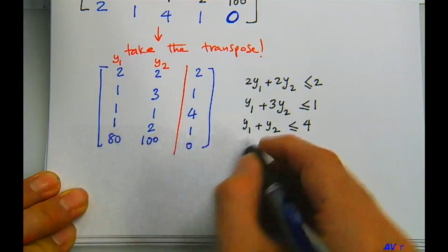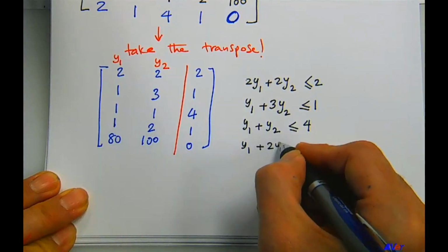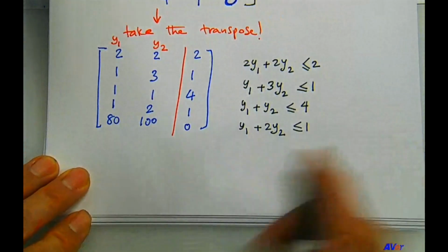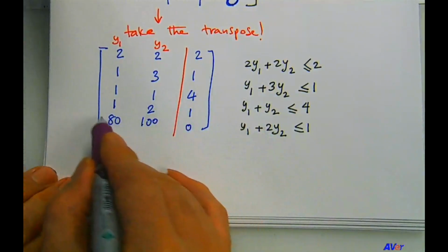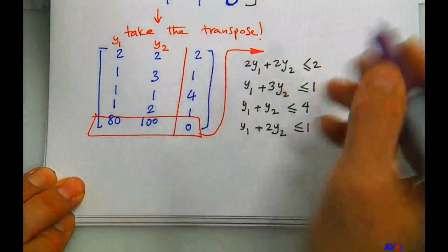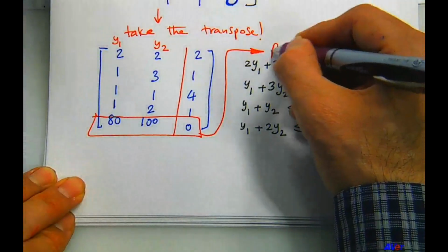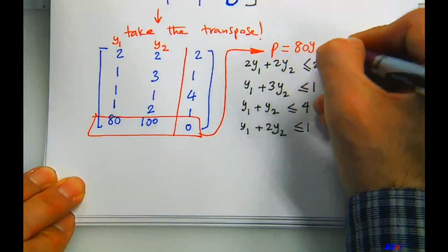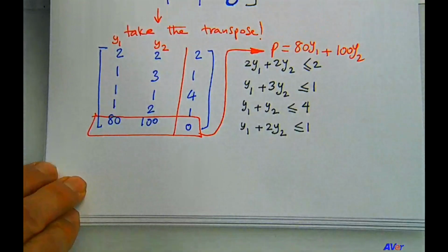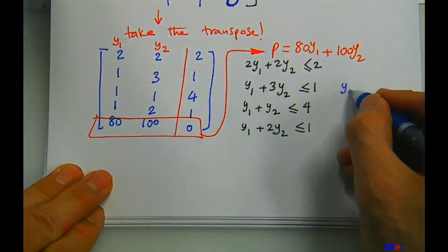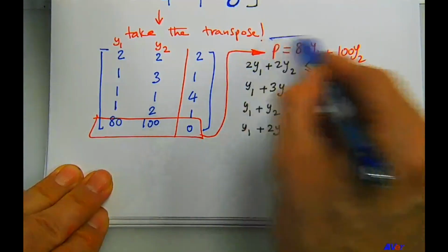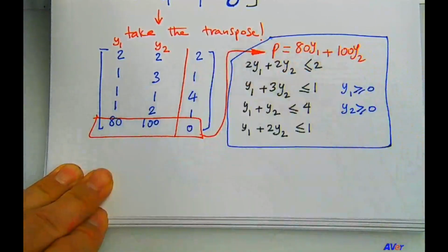And then again, y1 plus 2y2 less than or equal to 1. And from the last row, these are the coefficients of the objective function, which is p equals 80y1 plus 100y2. All right, and finally, y1 greater than or equal to 0, y2 greater than or equal to 0. So this is our dual problem.